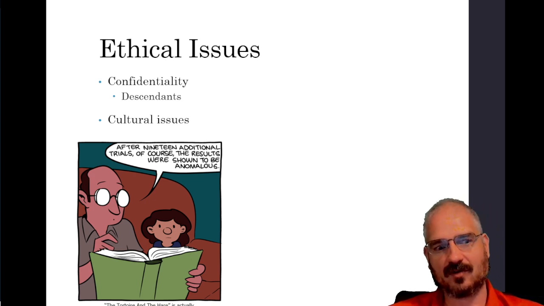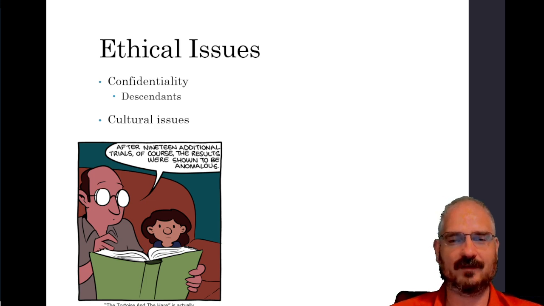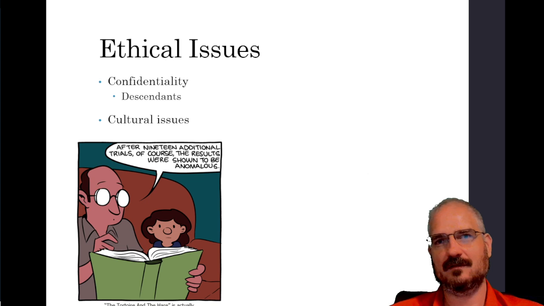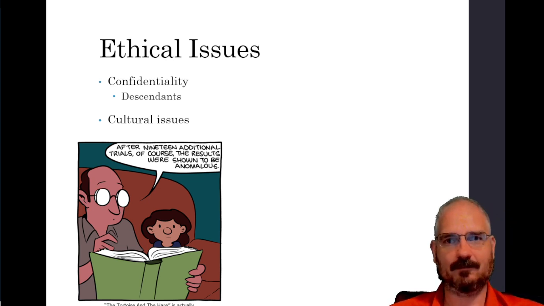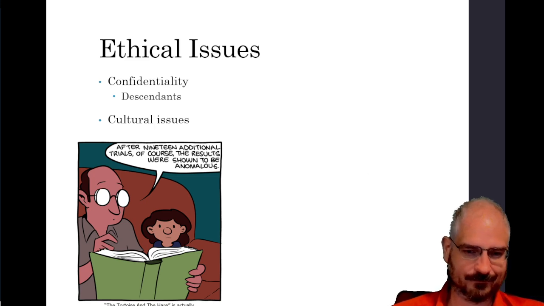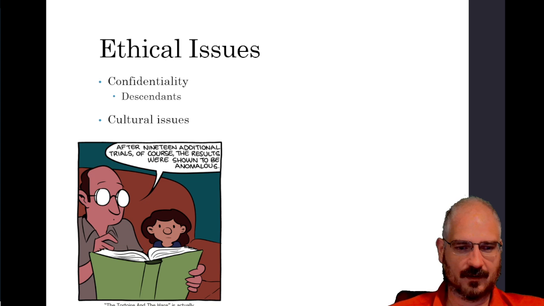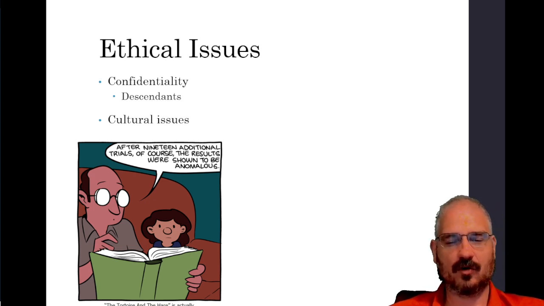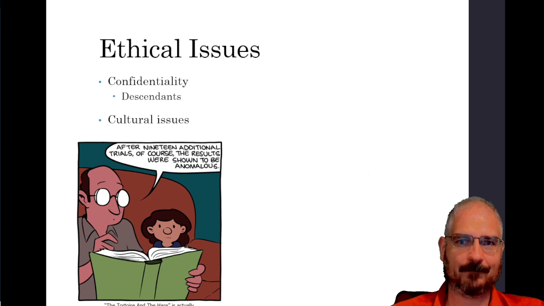We also have to worry about cultural issues, right? So different cultures have different rules about all kinds of records, and all of this data has different cultural impact for different groups, right?